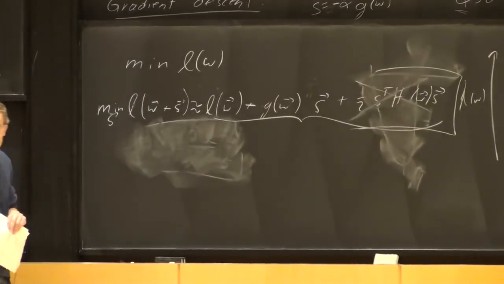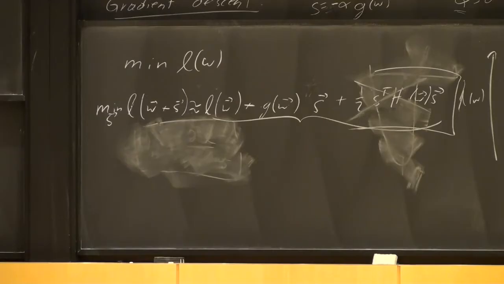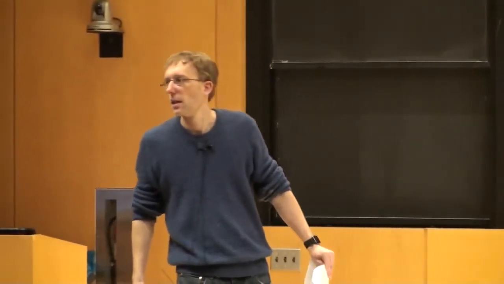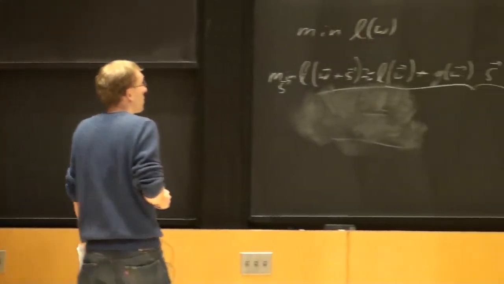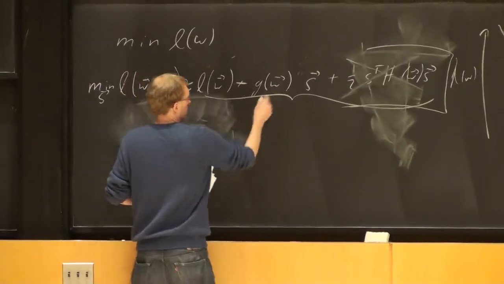And what do we do? What do I do when I minimize a quadratic function? I think someone said a gradient. So I compute the gradient with respect to s. This here is 0. This here is g of w.